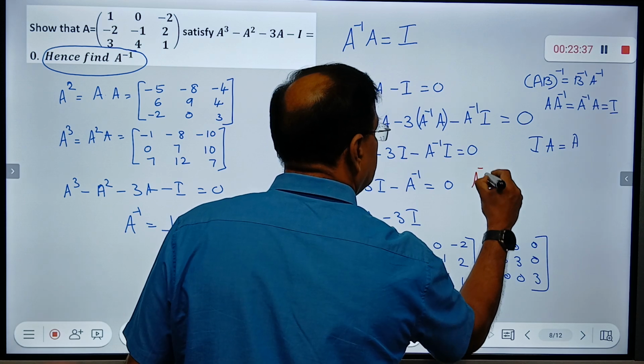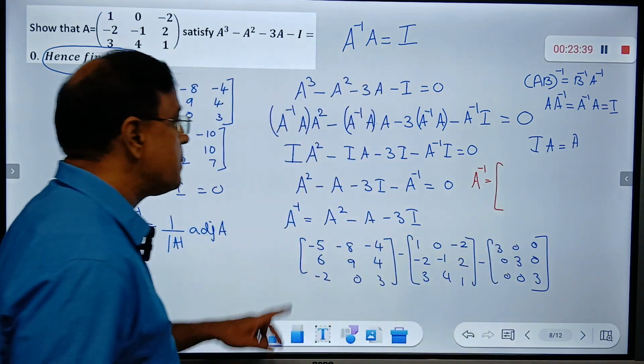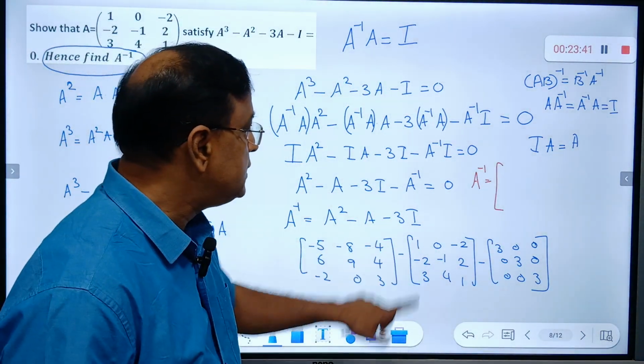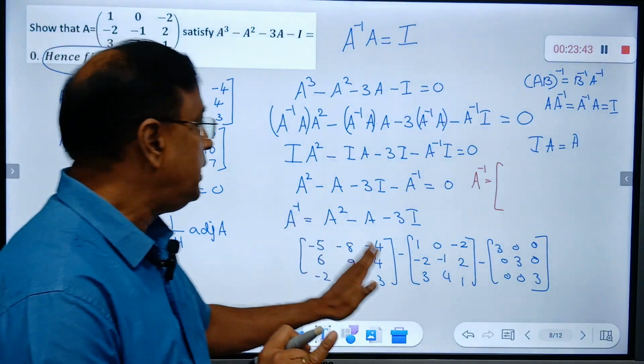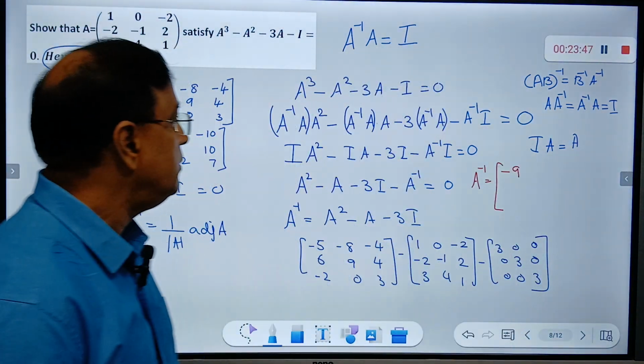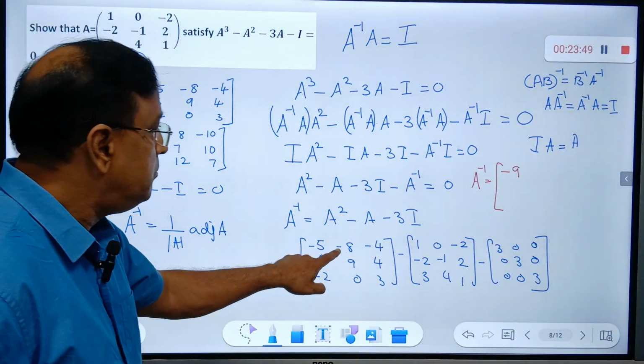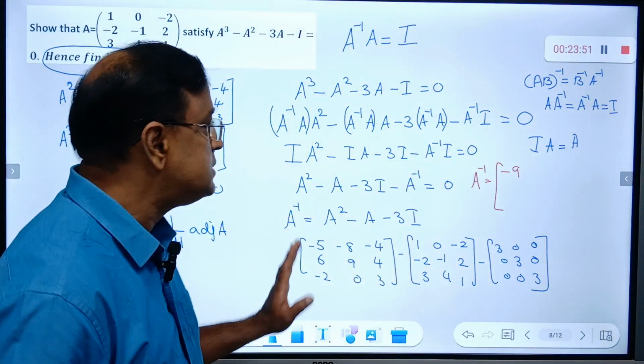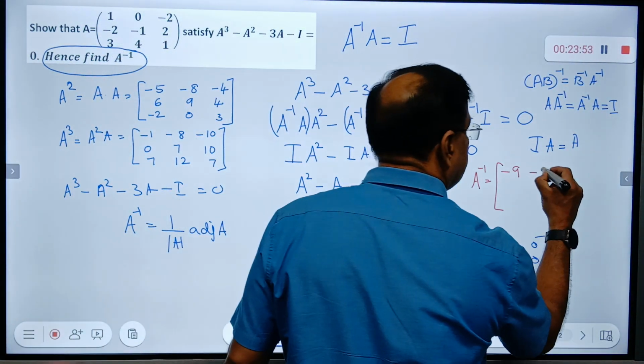So A inverse is equal to, watch this, minus 5 minus of minus 1 is minus 6. Minus 6 minus 3 is minus 9. Now 9 minus 8 minus 0 is minus 8 and everything is same.